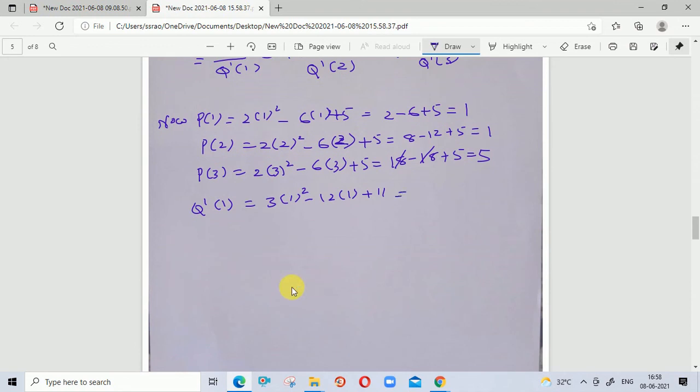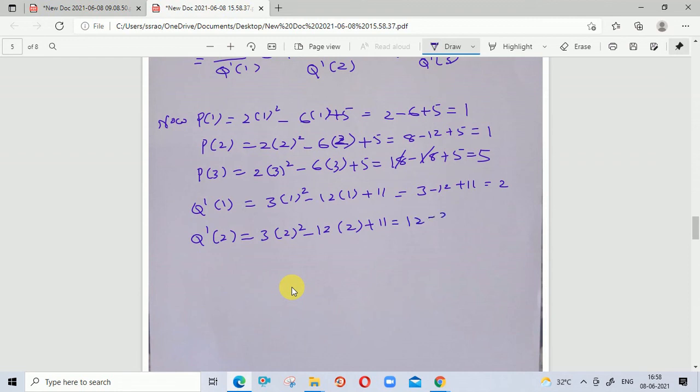Next, Q dash of 2 is equal to 3 into 2 square minus 12 into 2 plus 11. That is equal to 12 minus 24 plus 11. Minus 12 plus 11, that is minus 1.